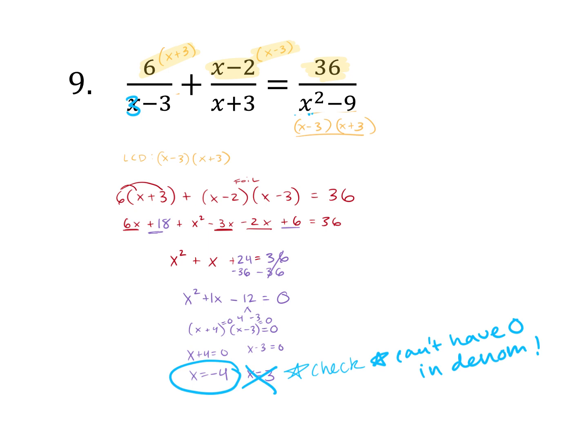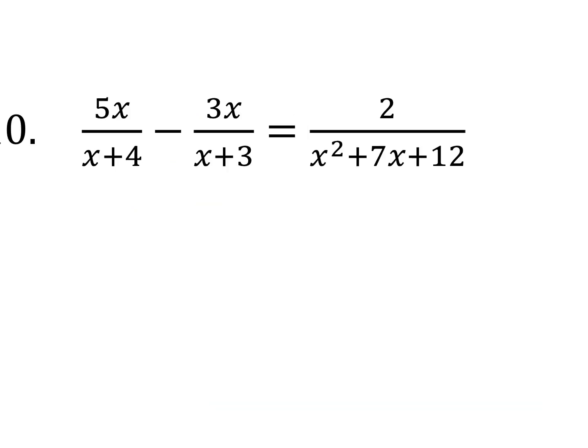We were even nice enough to remind you to check in the directions. So make sure you read the directions, check for extraneous solutions. When you have fractions, you can't get 0 in the denominator. So if you plug it in, it ends up being 0. You know that it does not work. So our only answer here is negative 4.